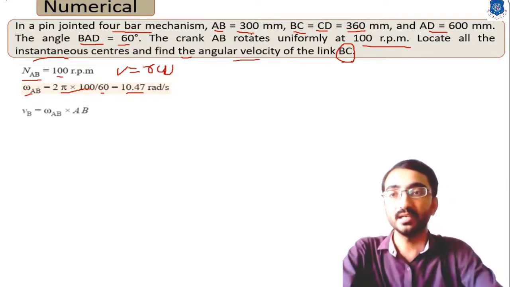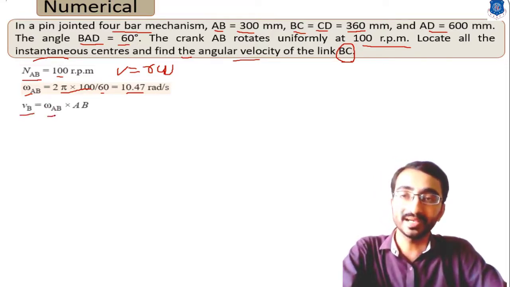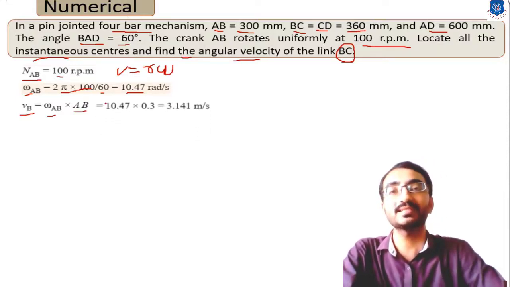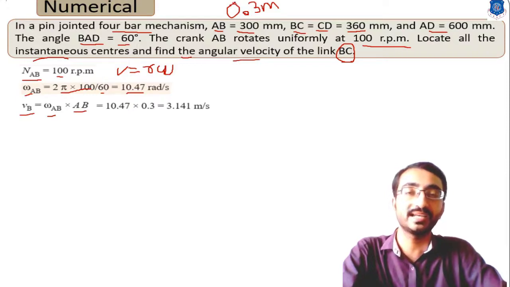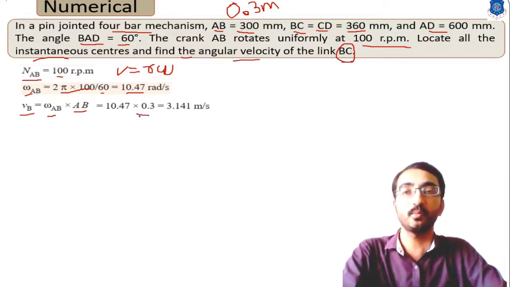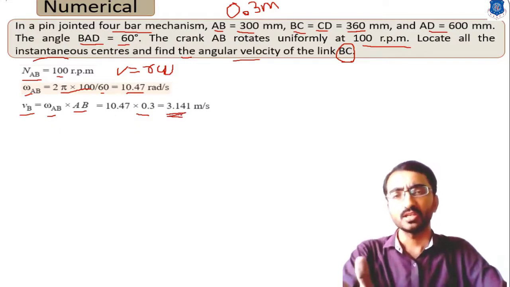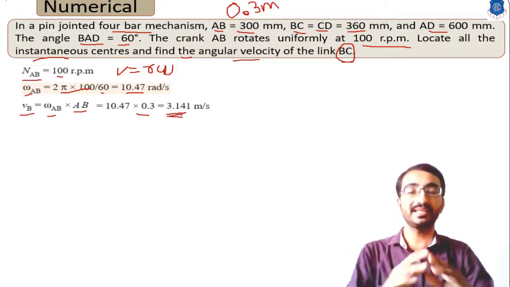We have to convert this dimension into meters, that is 0.3 meter. So 0.3 meter into 10.47 will give us the velocity of link B. Now after getting the velocity of the crank, or link AB, we will sketch this mechanism.